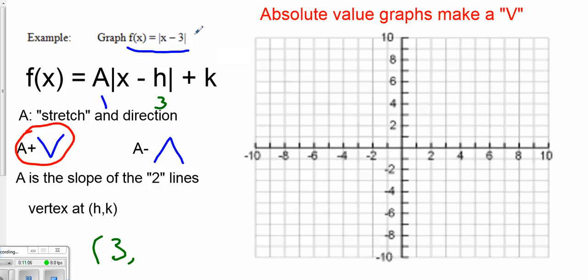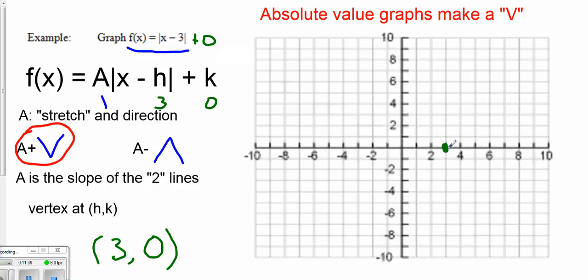Now at the end, what are we adding? Technically, we have a plus 0 in the back here. There's this 0 hidden in the back, which means that 0 is going to be the other part of our vertex. So 3, 0, right here is the vertex of our V. Now from there, we know that we're still going to be opening upwards like this, and our slope is going to be 1.